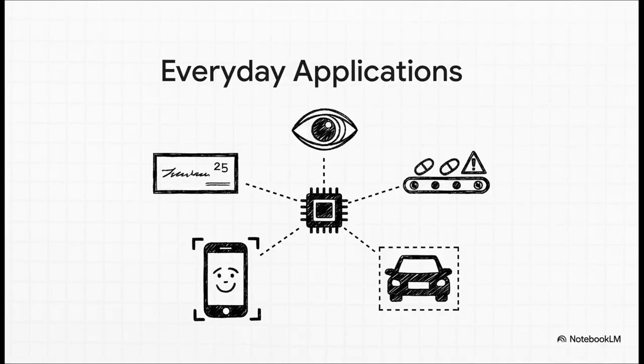That banking app on your phone that lets you deposit a check just by taking a picture of it, that's handwriting recognition. How about when your phone's camera magically finds and focuses on all the faces in a group photo? Yep, that's face detection. You've got iris scanners at the airport, automated systems that can read license plates, even the quality control that checks every single pill or bottle coming off a production line to make sure it's safe. It's all of it, powered by these exact same principles.